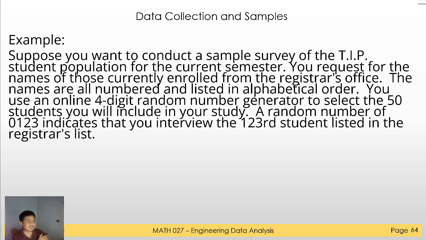So a random number, again, I mentioned the random number generator last time. If you have a way to randomize the picking of your sample, then it is the simple random sampling. There is no system incorporated with the sampling, but it is random, so it is a simple random sampling.